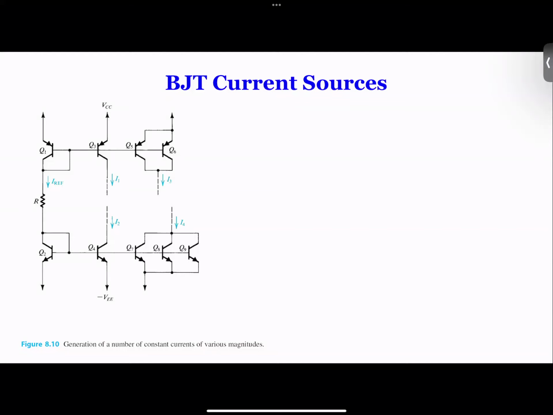However, there's only one thing we have to be careful about: if you have too many, let's say we have 100, what happens? Each base is going to draw 1% of this reference current, 1%, 1%. If we have 100 of them connected, it's going to be 100% of this reference.